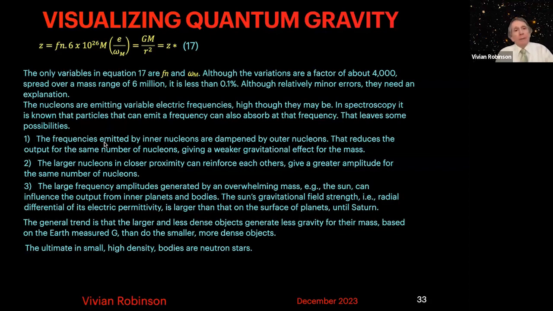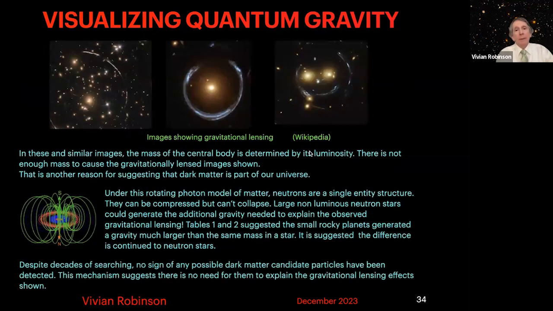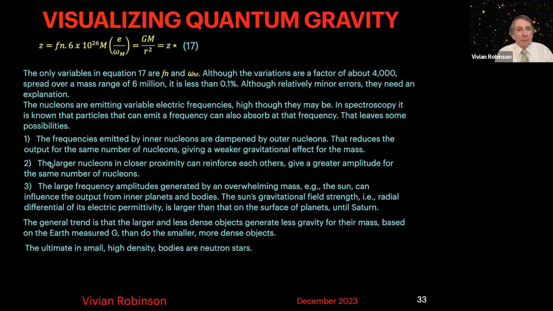Perhaps the frequencies emitted by inner nucleons are dampened by outer nucleons. That reduces the output for the same number of nucleons, giving a weaker gravitational effect for the same mass. The larger nucleons in closer proximity can reinforce each other, giving a greater amplitude for the same number of nucleons.